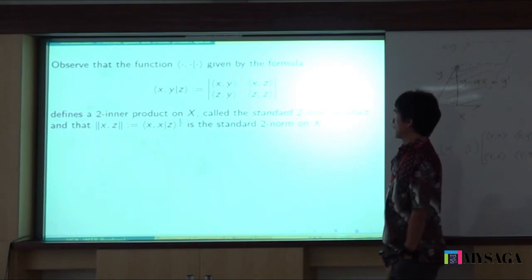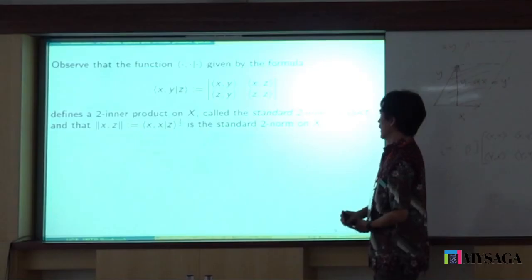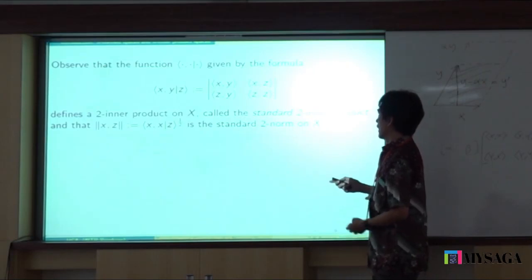Okay? And then if x is equal to y, then we get the two norm squared. So if we take the square root, then we get the two norm, and that is the standard two norm.